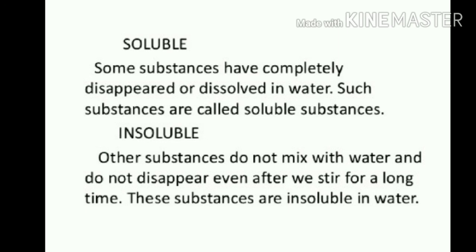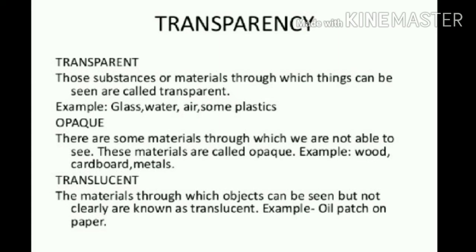Then we have seen transparency. In transparency we have seen transparent, opaque, and translucent. Transparent means those substances or materials through which things can be seen. For example, glass, water, air, and some kinds of plastics also.